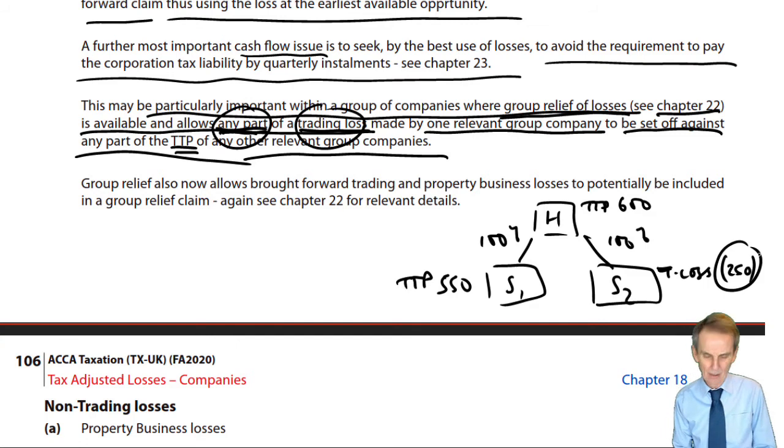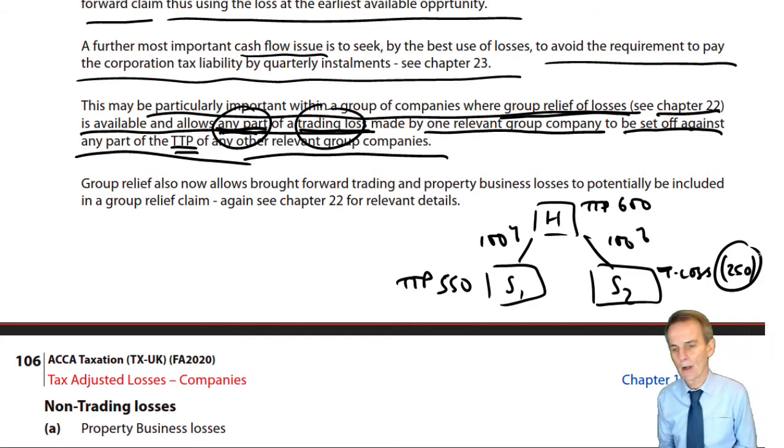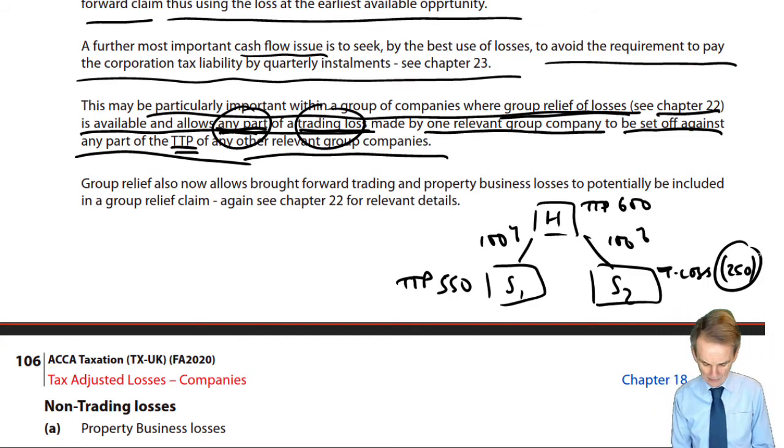Now, the point that I'm making to you here is again about avoiding quarterly instalment payments. What we need to know, of course, is the relevant profit limit for each company within the group. Remember, we had related 51% group companies. If you can't remember that, go back to where we saw that, I think it was in chapter 16.